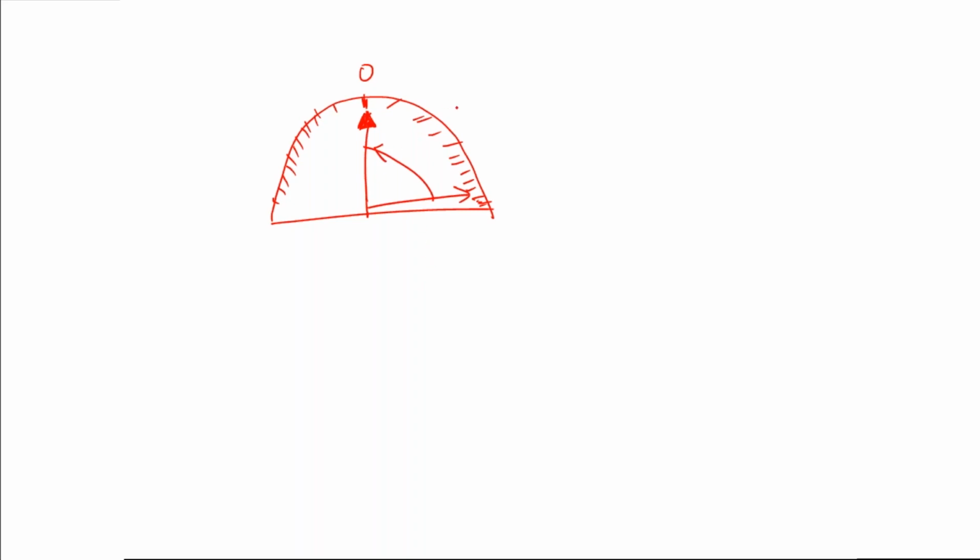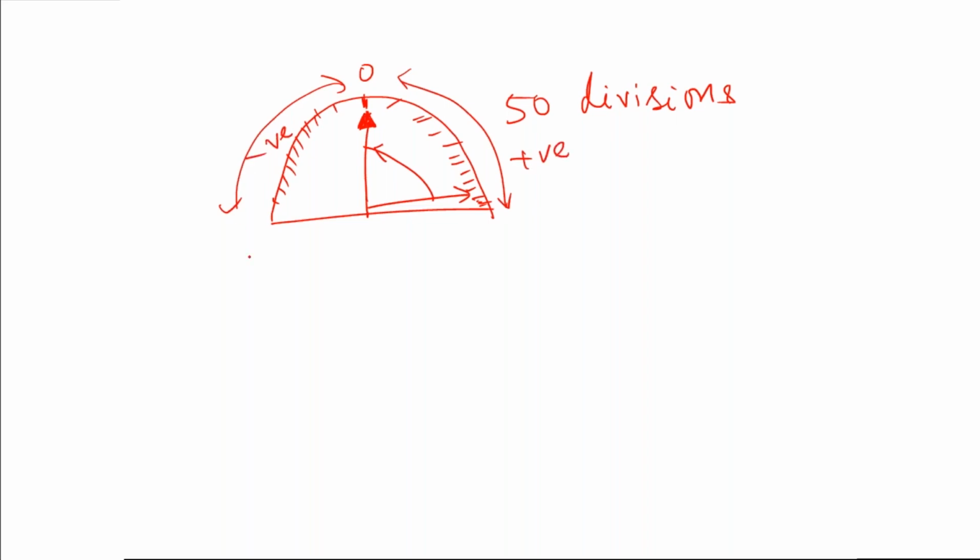So here the galvanometer has 50 divisions. That means from here to here there are 50 divisions. Similarly, from here to here there will be 50 divisions. This is the positive side, suppose, and this is the negative side. If I want full scale deflection, all 50 divisions will be covered and then it goes back to zero.